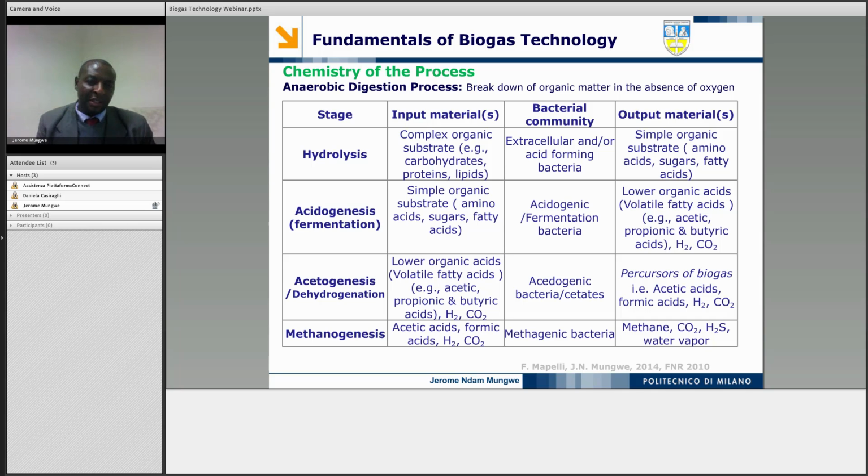The third stage is the acetogenesis phase, or the dehydrogenation phase, where all the lower forms of organic acids are further broken down, mainly into acetic acid, hydrogen, and carbon dioxide, which are precursors for the biogas production. Then the last stage is the methanogenic phase, where the acetic acid, formic acid, hydrogen, and carbon dioxide are converted into biogas.